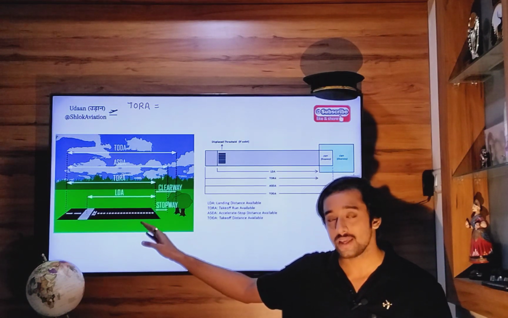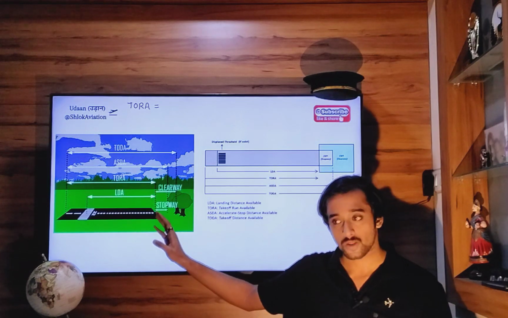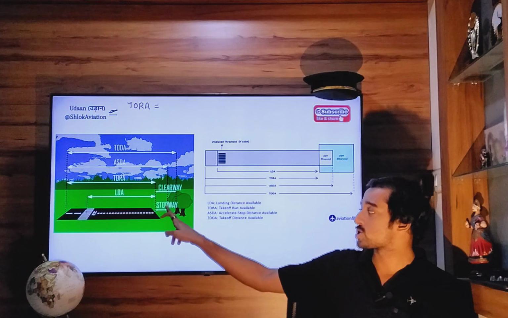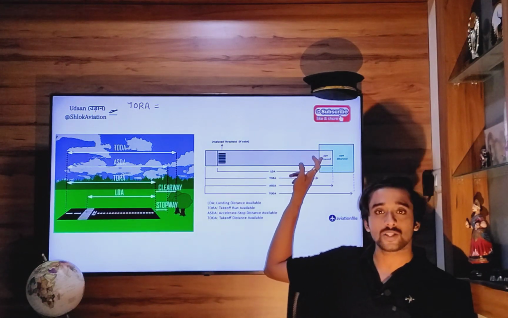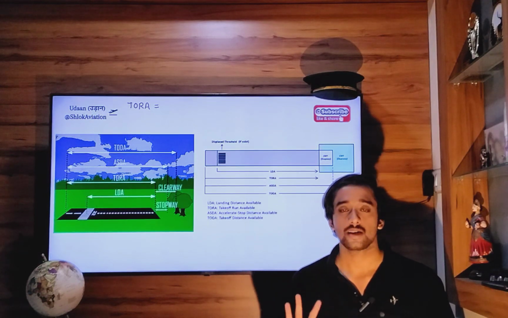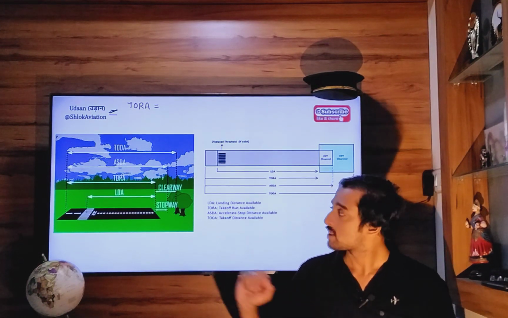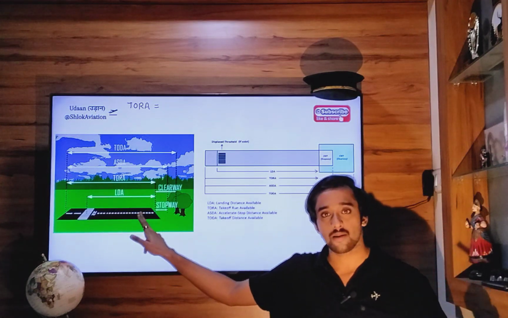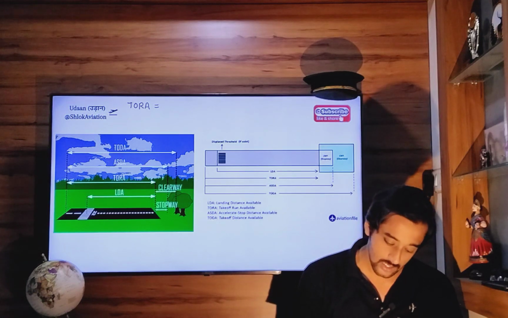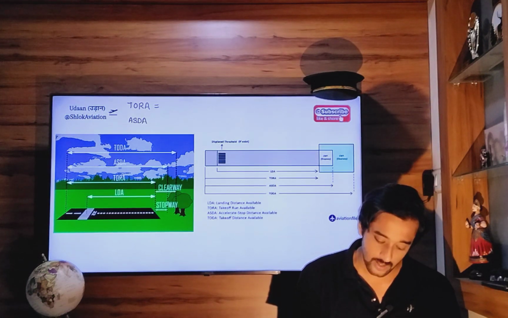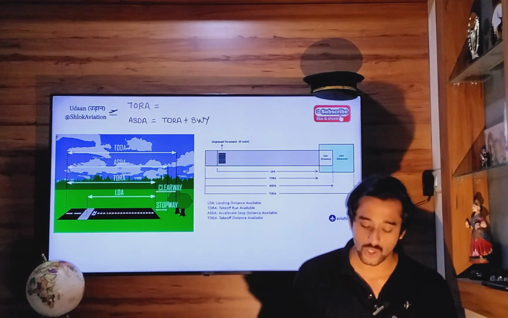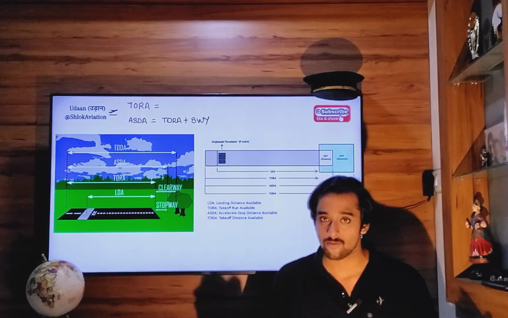If that's not possible, you can go beyond this runway and stop your aircraft in an area called stopway. So that is the purpose of the stopway, to stop your aircraft immediately in that area. Now takeoff run available plus stopway is equal to accelerate stop distance available, or emergency distance available.